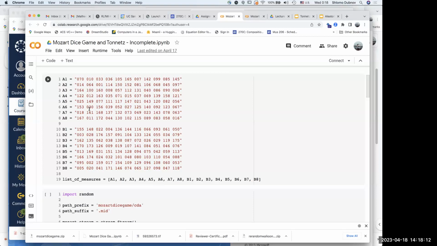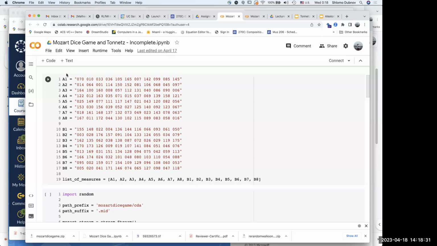And that table represented the bars, and the possible options for copying one of these segments into the first bar, the second bar, the third, and so on.